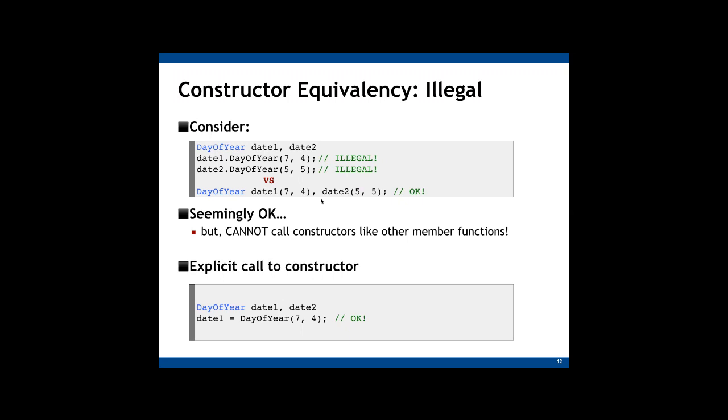The difference between these two is that in this one, we are explicitly calling a constructor in the same way as we call an ordinary member function using a dot operator. This is how we usually call an ordinary member function using a dot operator. But on the other hand, we are calling the constructor implicitly in this line.